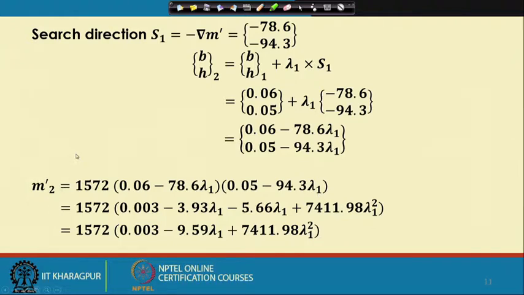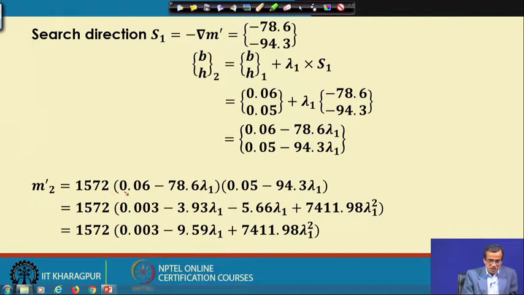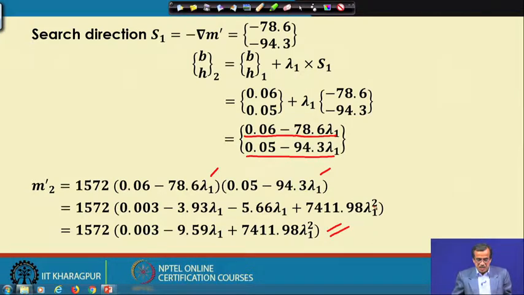So, m2 star is nothing but 1572 into B, where B is 0.06 minus 78.6 lambda 1, and H is 0.05 minus 94.3 lambda 1, and if you simplify, I will be getting this particular expression, and now we can see that this m2 is a function of lambda 1.